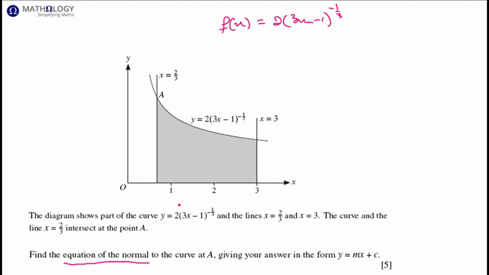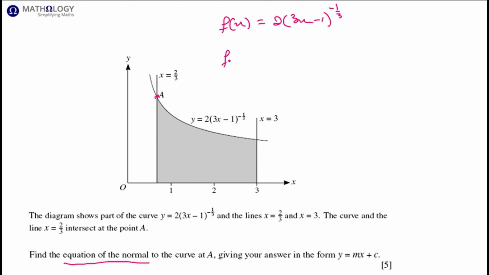From the gradient of the tangent to the curve at A, we're going to then determine the gradient of the normal, and from that we can find the equation of the normal because we know the point A, or at least we can work out what the coordinates of point A are. We don't know at this point what they are. We're going to do that by equating the line x equals 2/3 to the curve f of x, because that vertical line x equals 2/3 intersects the curve at A.